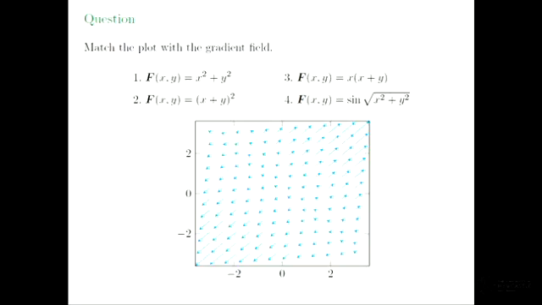Okay, so the gradient for one was what? You said 2x, 2y. What's the gradient of the second? Well, if you want to multiply by the derivative of the inside, you get 1.